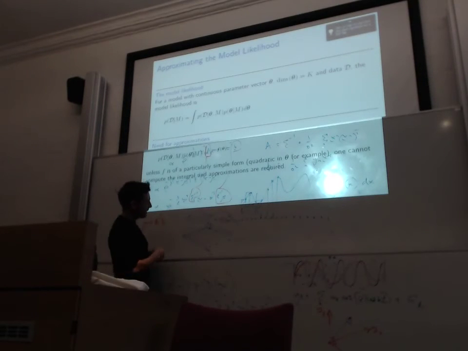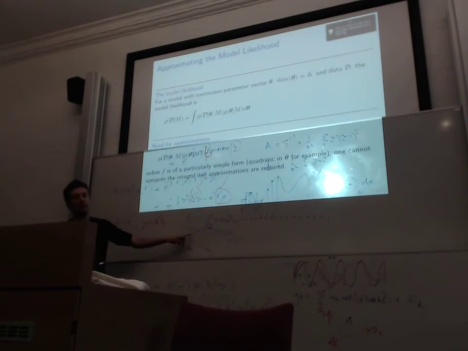So here, if I had k bins in x1, I'm going to have k squared bins for 2 dimensions.